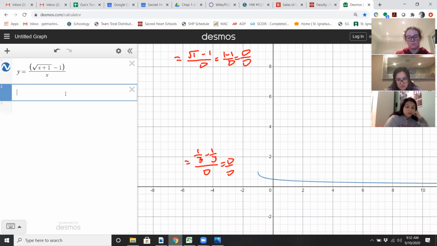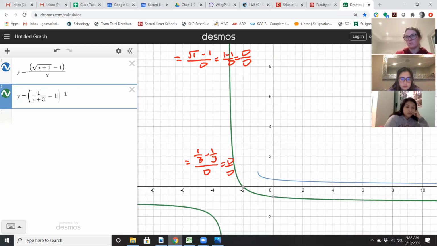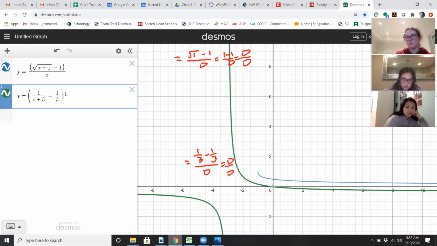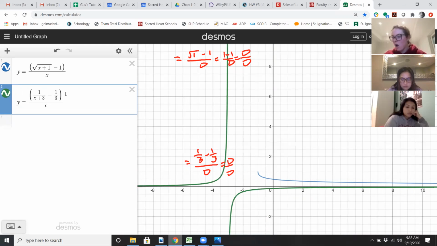Or for the other one, if I do y equals 1 over x plus 3, all divided by x. I'm looking at my other computer screen, that's why I have two screens going here.